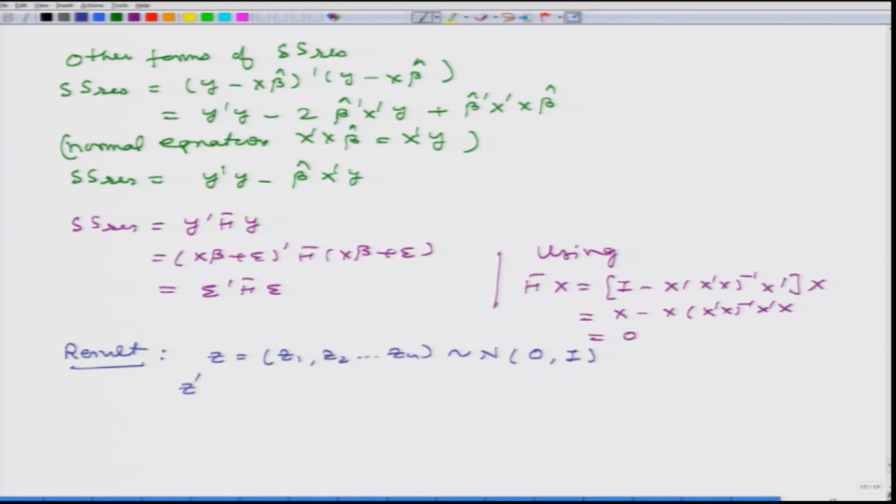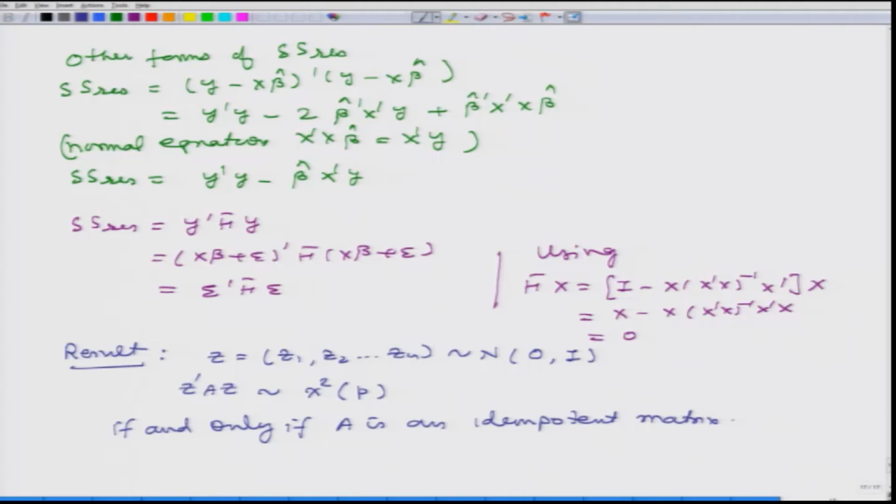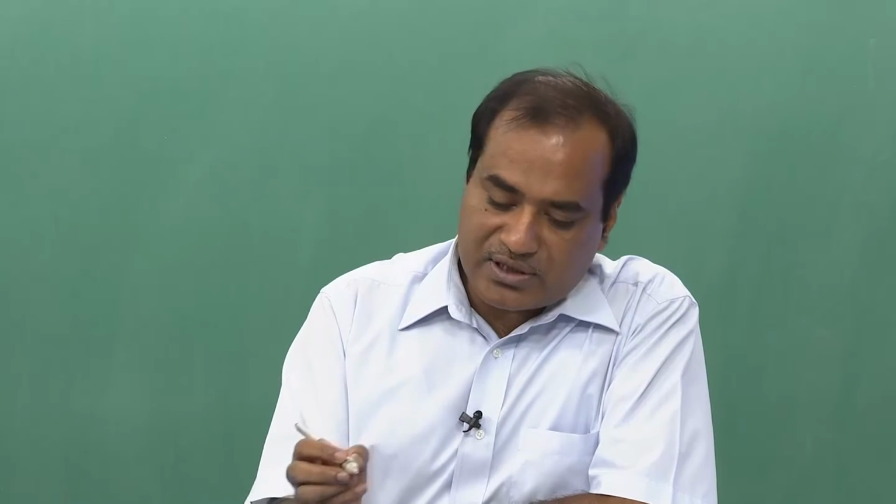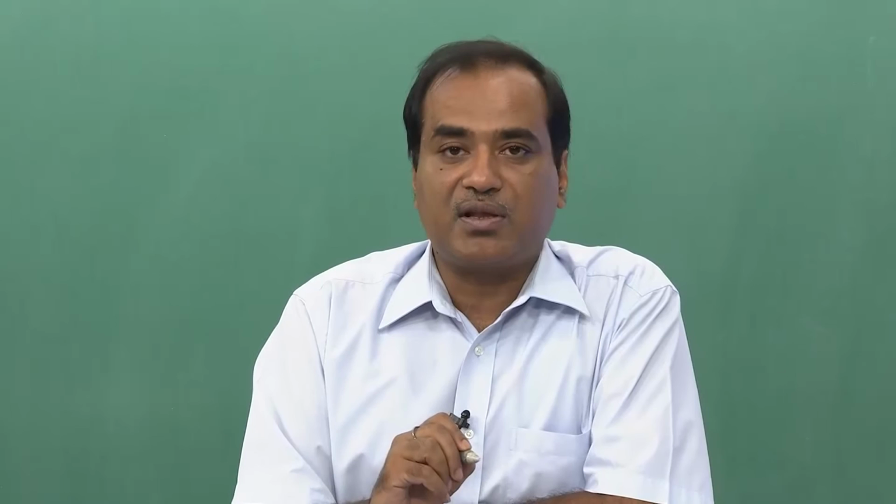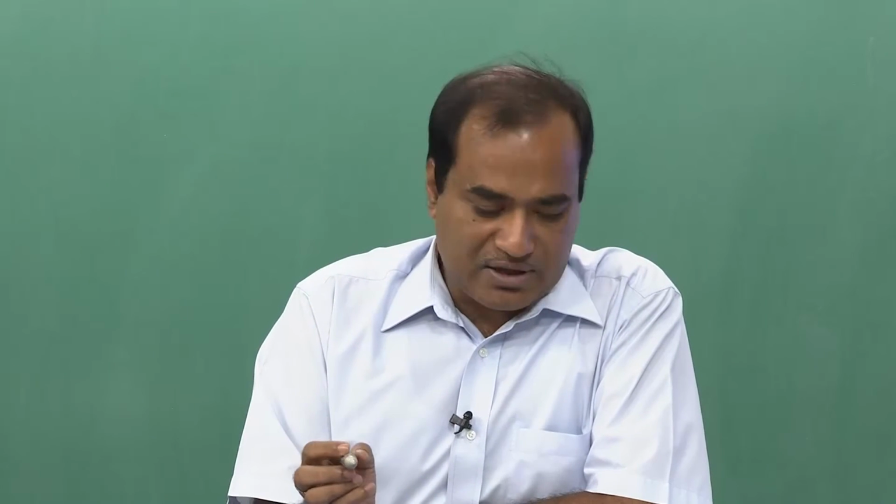Then z transpose A z follows a chi-square distribution with p degrees of freedom if and only if A is an idempotent matrix of rank p. So, using this result we try to obtain the estimator of sigma square.